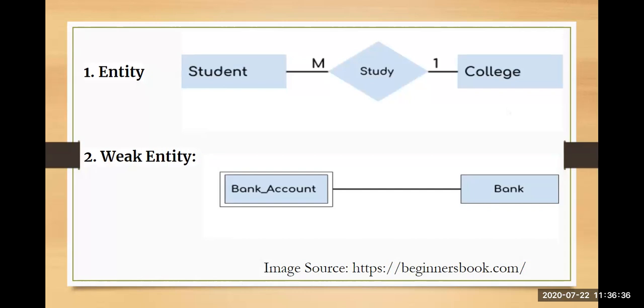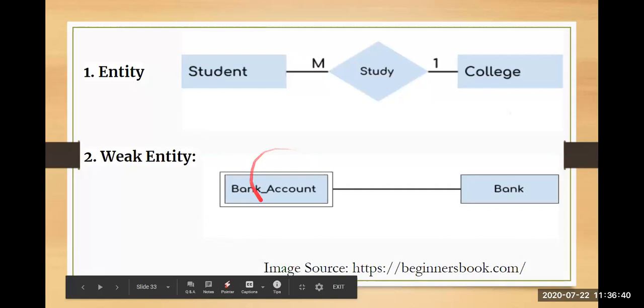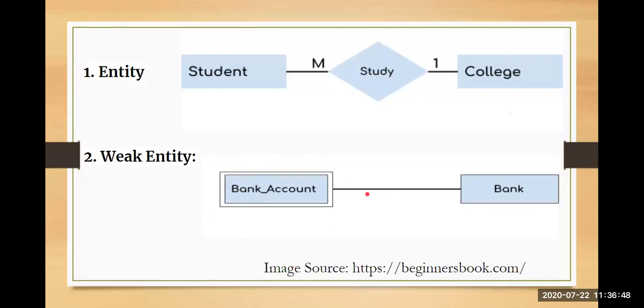It is represented as a double rectangle, which you can see on the screen here. Your bank account is your weak entity here. In contrast to this, strong entities are those that do not depend on the existence of any other entity, and they are denoted by a single rectangle. You can see here the bank entity is a single rectangle.